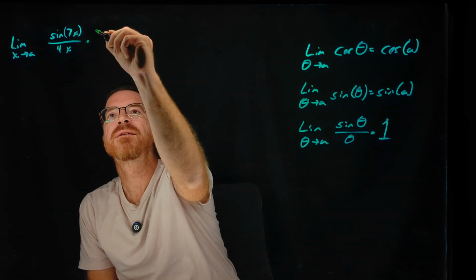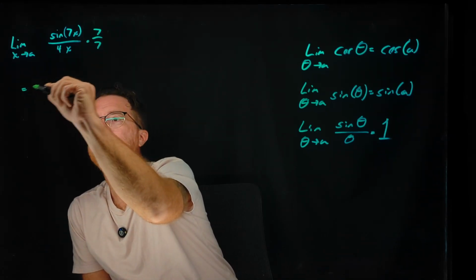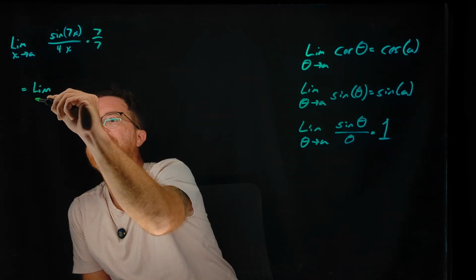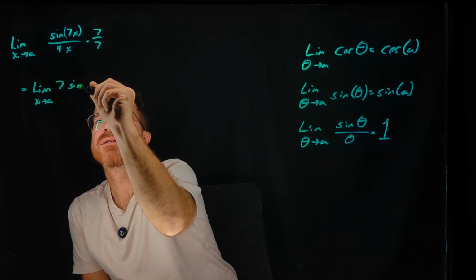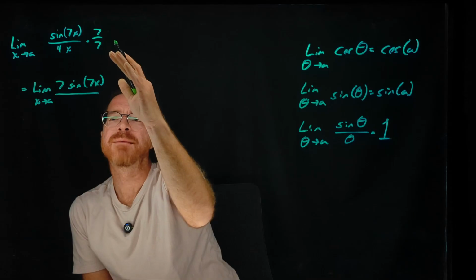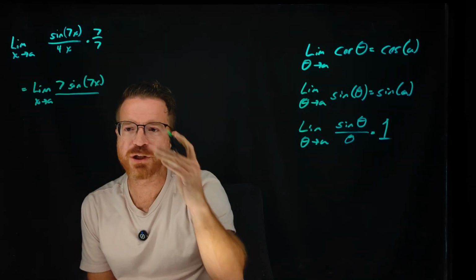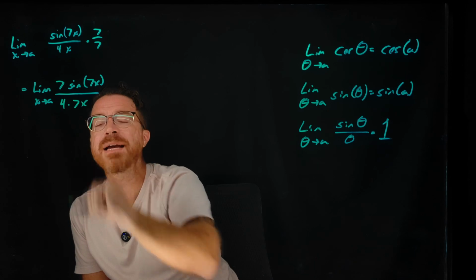So if we multiply by 7 over 7, we now have the limit as x approaches 0 of 7 sine of 7x over 4 times 7x. Because multiplication is commutative and associative, I can rewrite this that way.